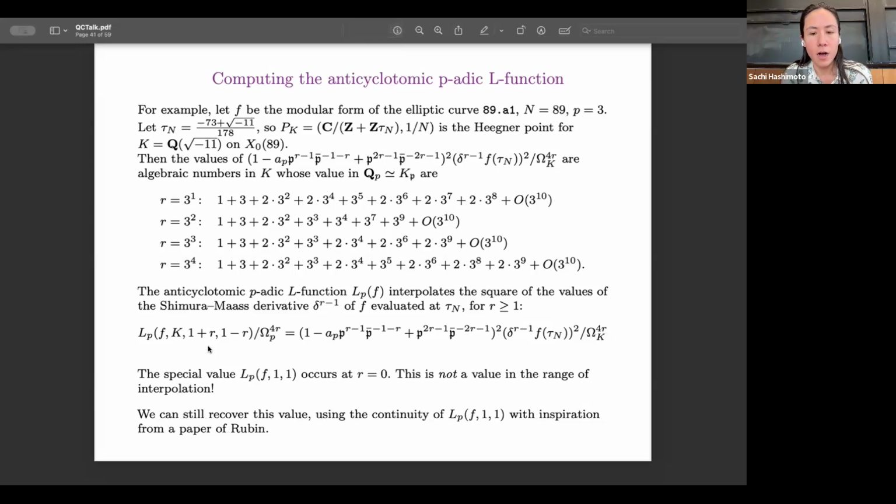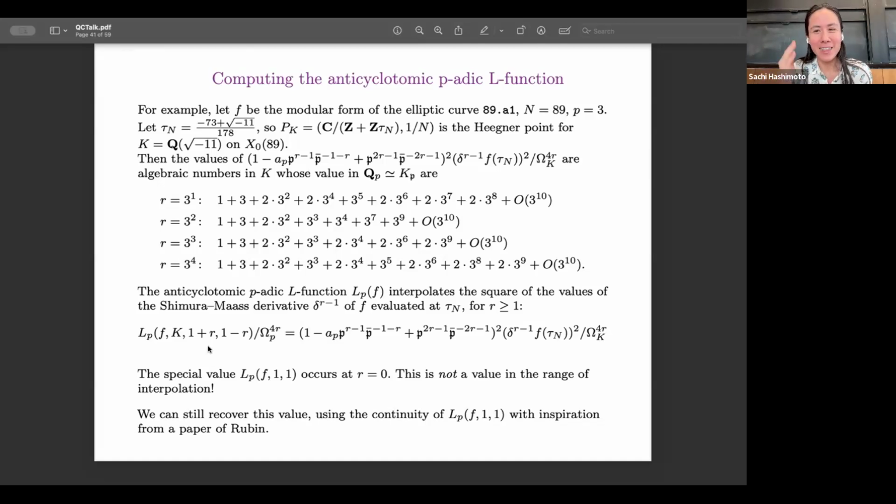And unfortunately for us, the special value occurs at a value that's not in the range of interpolation. So if you're not used to thinking about p-adic L functions, when something is in the range of interpolation, we can just plug in a bunch of values, get closer and closer, and then take a limit. And if I'm not in a value that's in the range of interpolation, it's really unclear what to do.